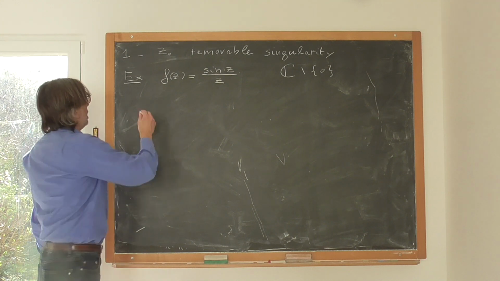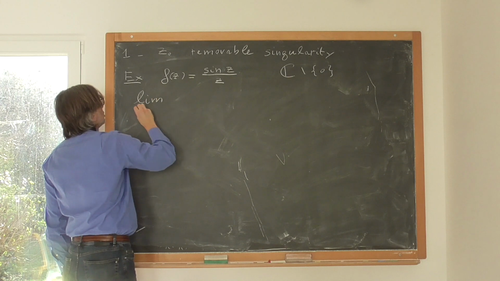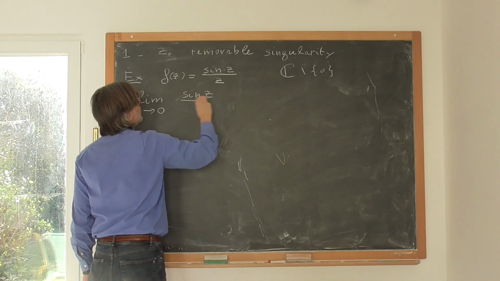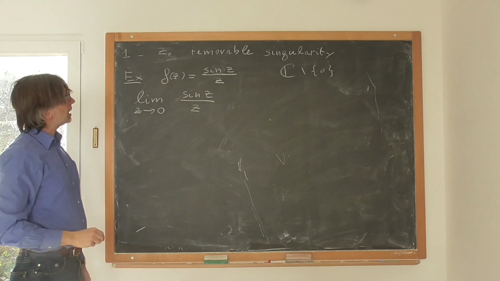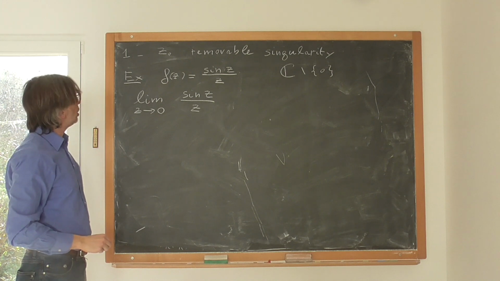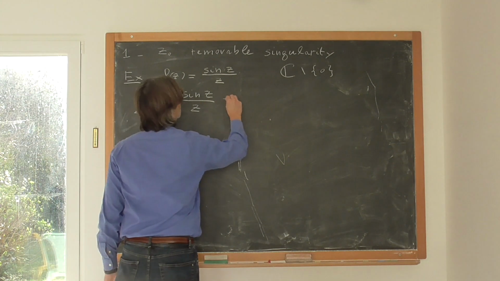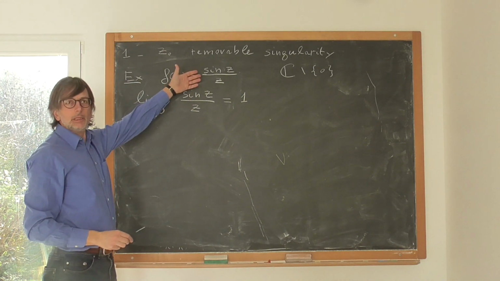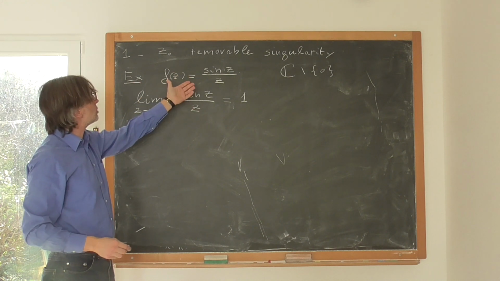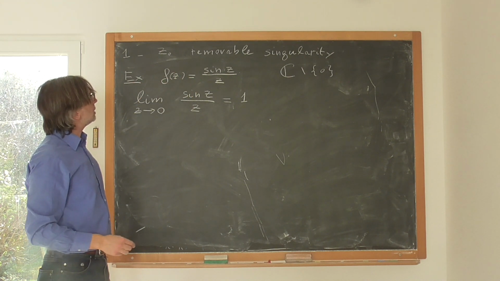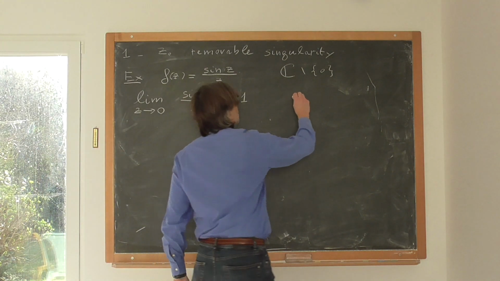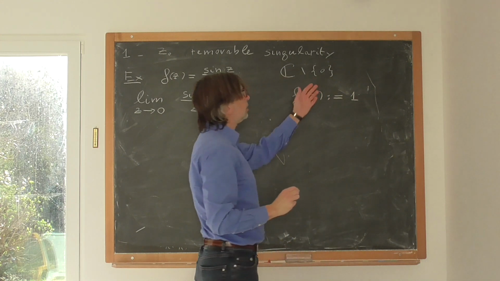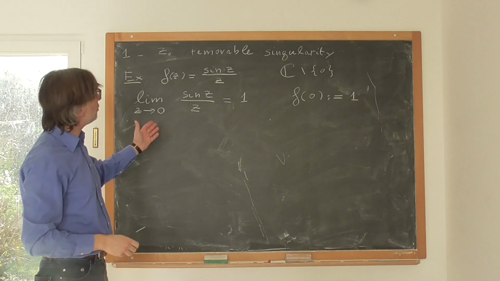And what is the limit for z going to 0 of sine z divided by z? This is a classical limit. I'm sure you know what this is. This converges to 1. So this function has a limit, meaning that f has a continuous extension at 0 by setting f of 0 equal 1.